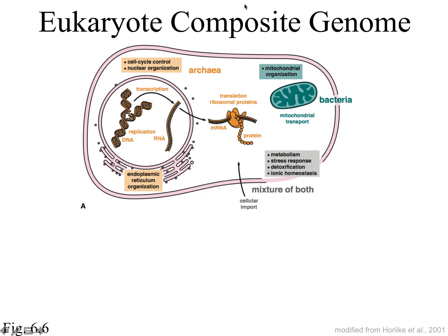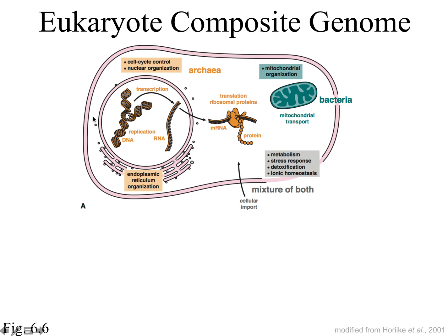So if I take a eukaryotic cell, okay, there's the outside cell membrane. It has membranes on the inside of the cell. There are parts of that cell that look like they are most closely related to archaeans. So cell cycle control, when to divide, when to go through mitosis, how the nucleus is organized.